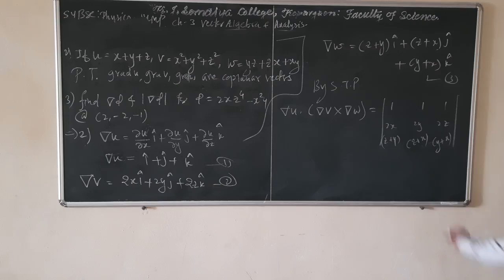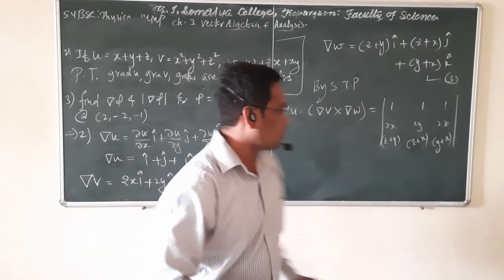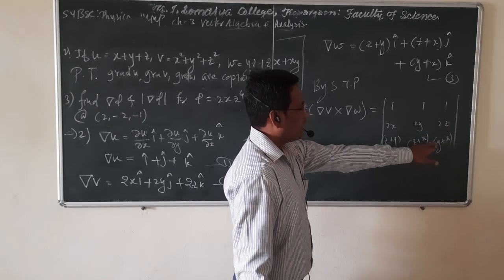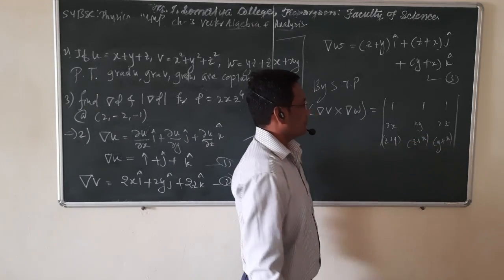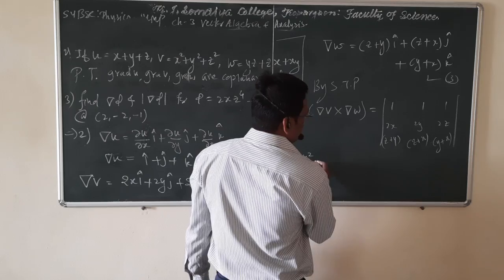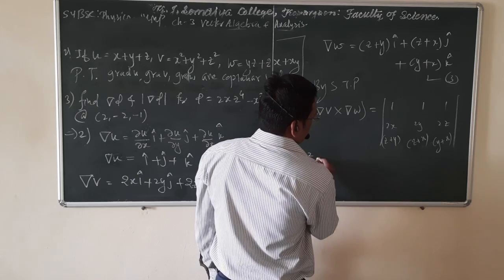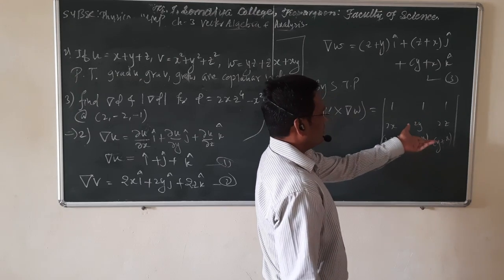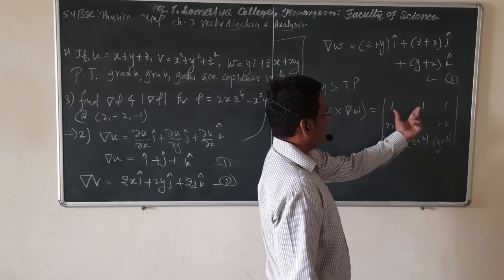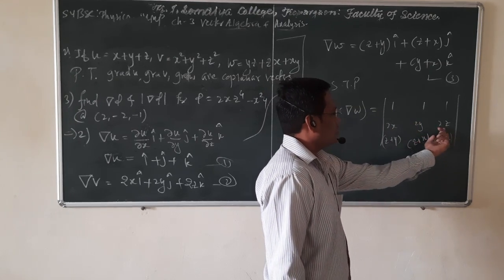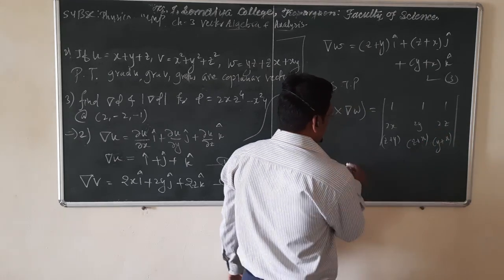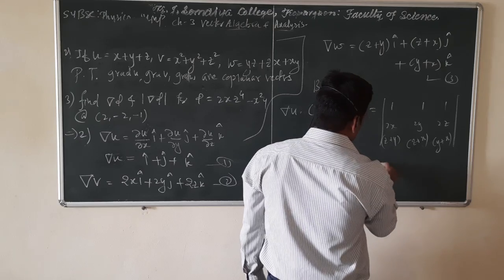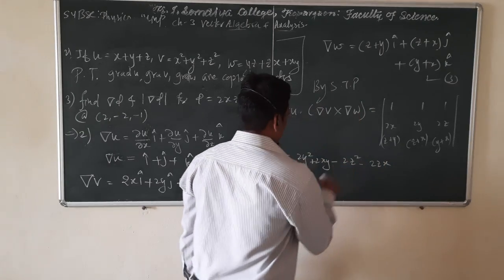Now if you solve this determinant, you will get 1 multiplied by 2y into this term, so that will become 2y square plus 2xy, minus 2z into this, so that is 2z square minus 2zx.